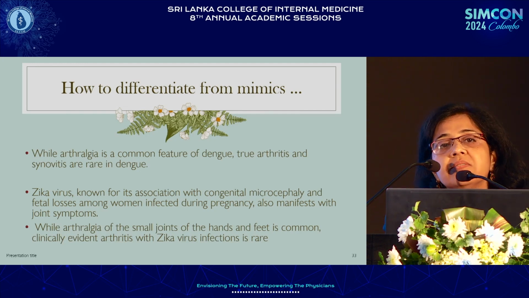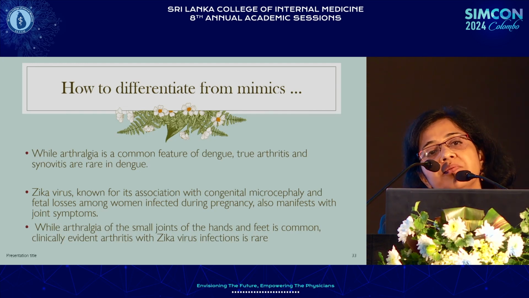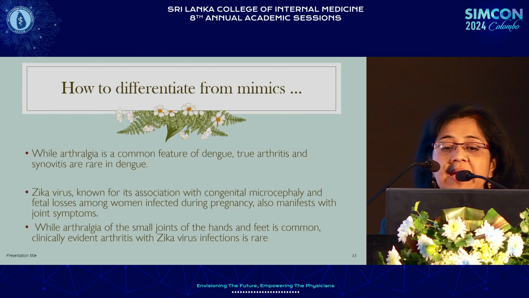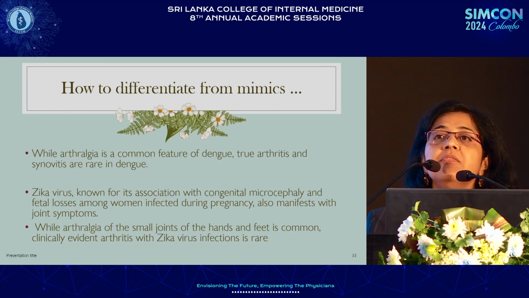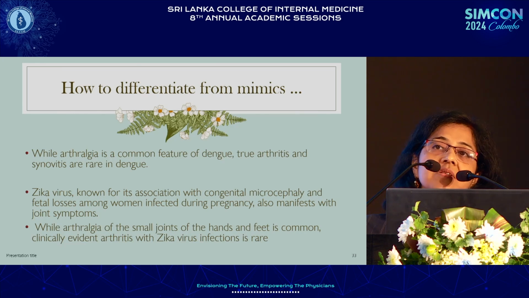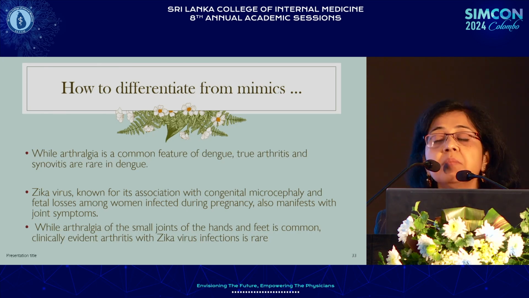But all these three viruses come with fever, rash, and joint pains. However, it is said that more than arthritis, dengue and Zika are causing arthralgias. If found in a pregnant patient, the Zika virus can also cause many teratogenic effects like microcephaly and fetal loss.